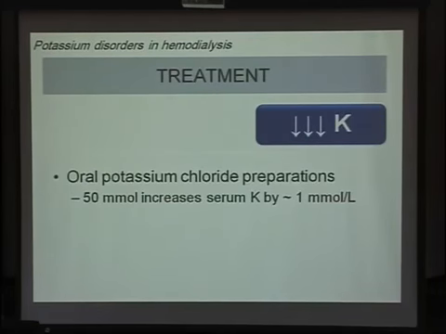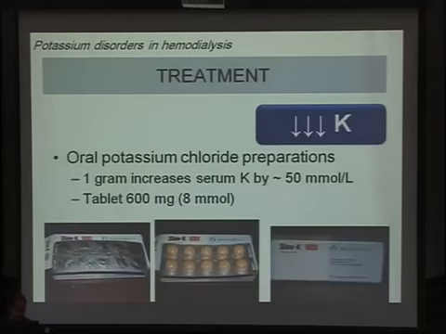For oral potassium, every 50 millimole increases serum potassium by about 1 millimole per liter, and these are examples of oral potassium supplementation. However, please rely on diet, correction of alkalosis if present, and high potassium during dialysis.